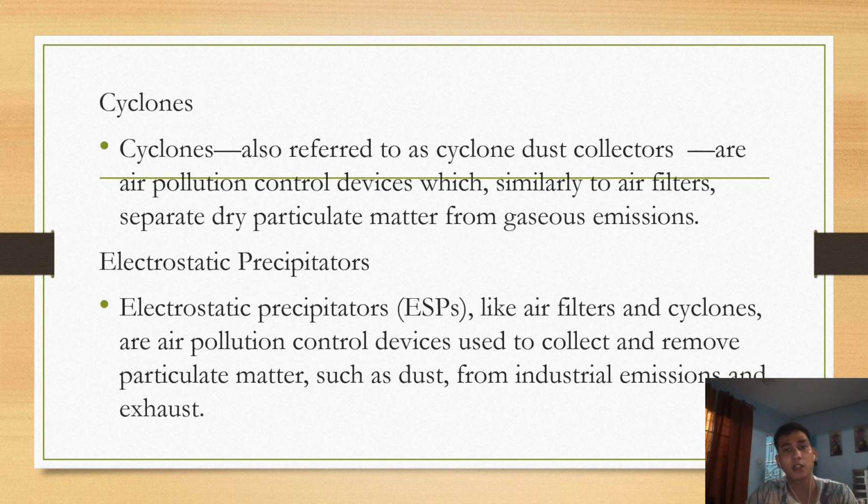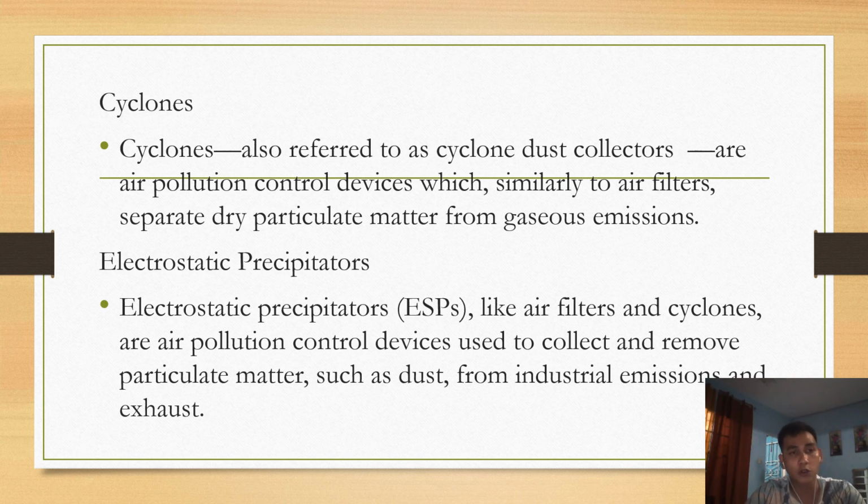Next is electrostatic precipitators. Electrostatic precipitators, like air filters and cyclones, are air pollution control devices used to collect and remove particulate matter, such as dust, from industrial emissions and exhaust.